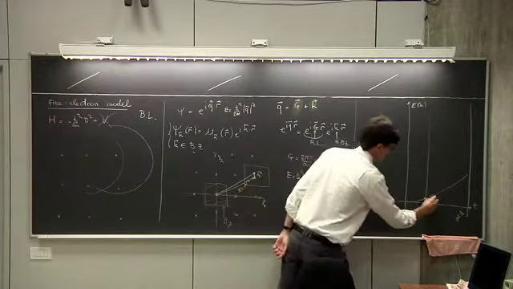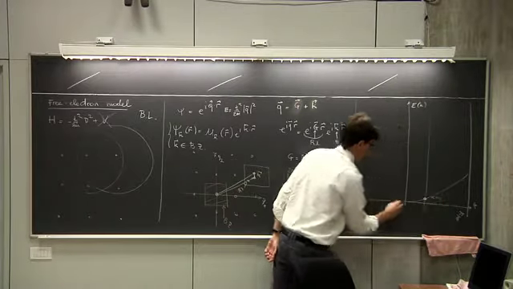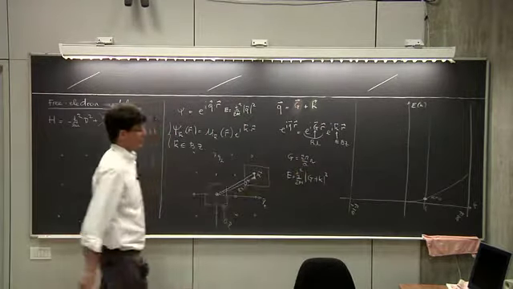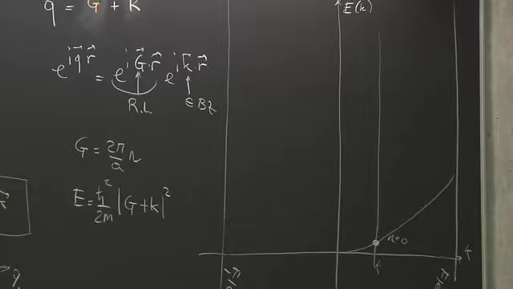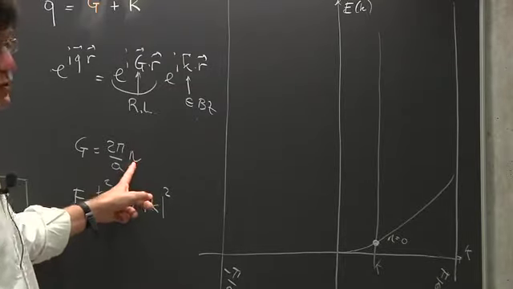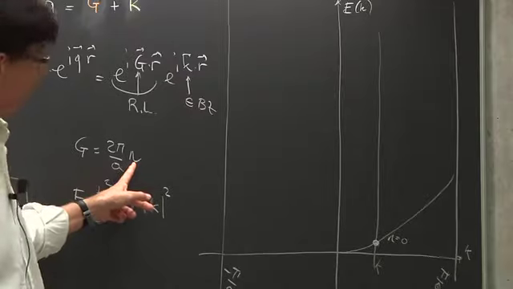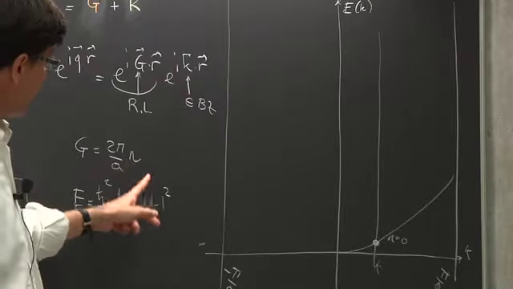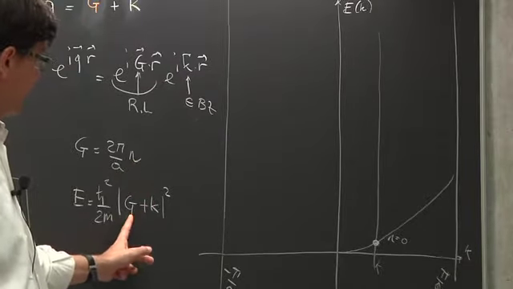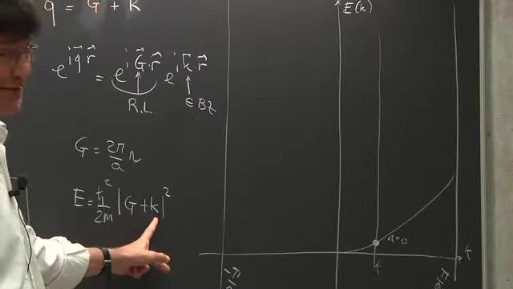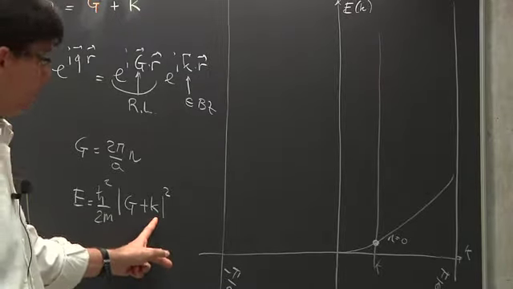This corresponds to the n equals 0 reciprocal lattice vector. Then n equals plus 1 becomes (2π over a plus k) squared.